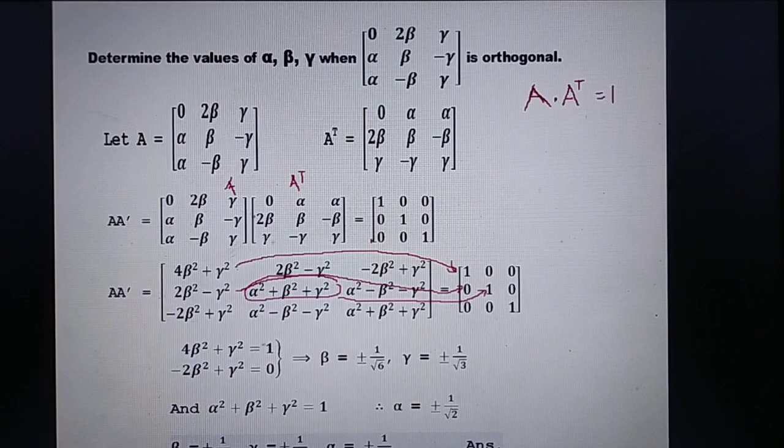So through simultaneous equations, we can get the value of beta and delta. And using this term, which is equivalent to 1, then by substituting the resulting value from the first elimination, we will get the value of alpha, and this is our final answer.